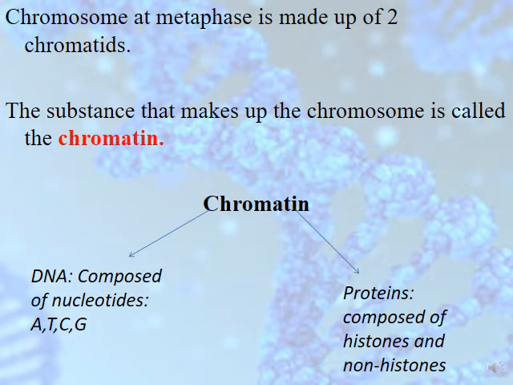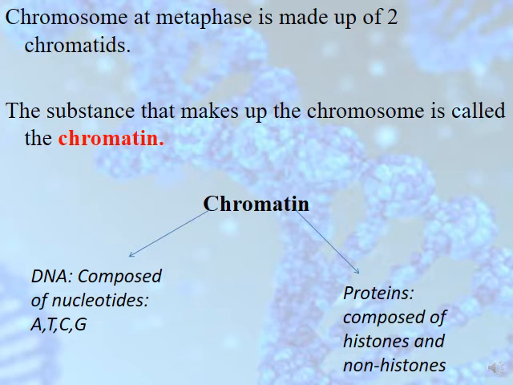Let's move to talk about chromosomes. Chromosomes at metaphase, all of you know that they are made up of two sister chromatids. They are easily distinguished and they are aligned at the equator of the cell, forming what's known as the equatorial plate. The substance that makes up the chromosomes is often called chromatin.